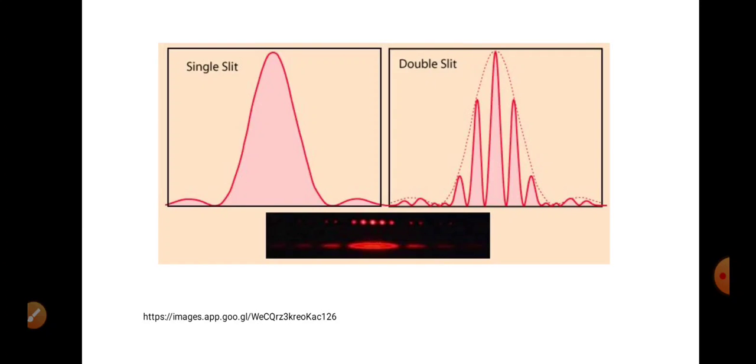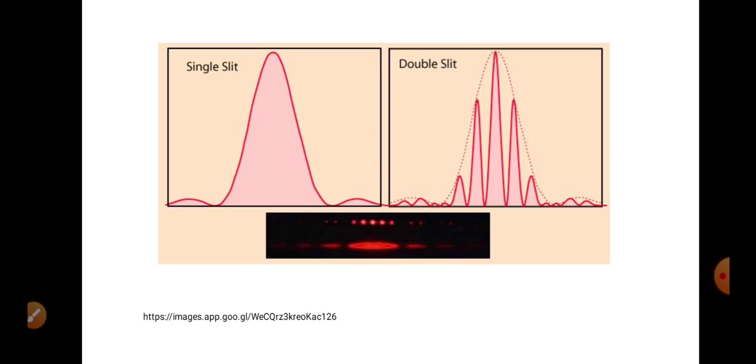Then we have to focus on the main session details. Here you can observe a picture. The top one is a graph that represents the nature of variation of intensity on the screen for the case of single slit and for the case of double slit.